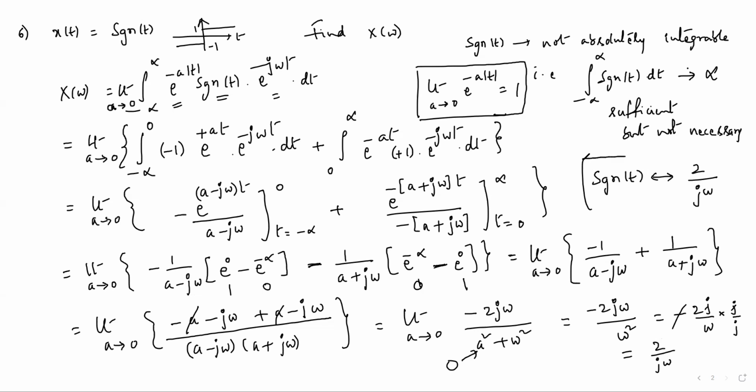Important Fourier transform pair. With the help of the signum function, we will get the unit step function Fourier transform in future, after discussing the Fourier transform properties. For that, we need Fourier transform of a DC function along with Fourier transform of the signum function. So after the properties of Fourier transform, I will discuss Fourier transform of the unit step function.